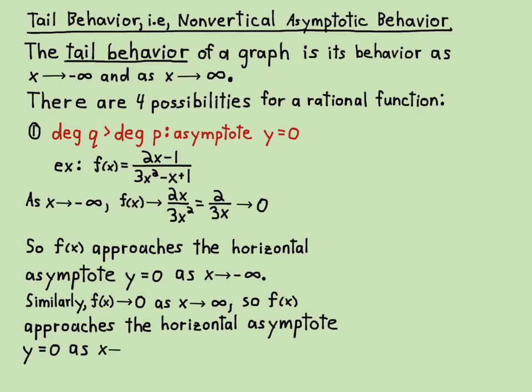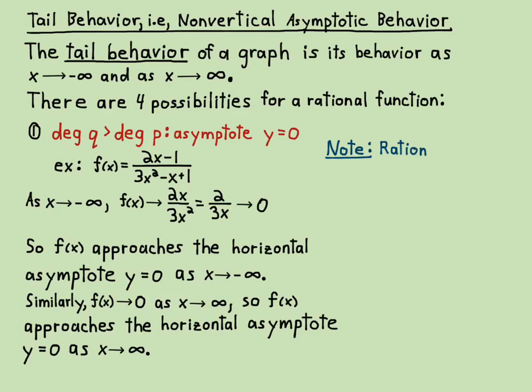So f of x goes to 0 as x goes to infinity, so f of x approaches the horizontal asymptote y equals 0 as x goes to infinity as well. So the left tail and the right tail both approach the x-axis, y equals 0.